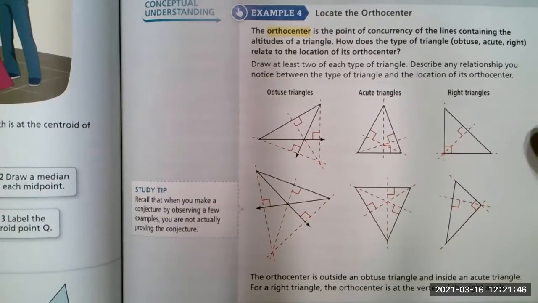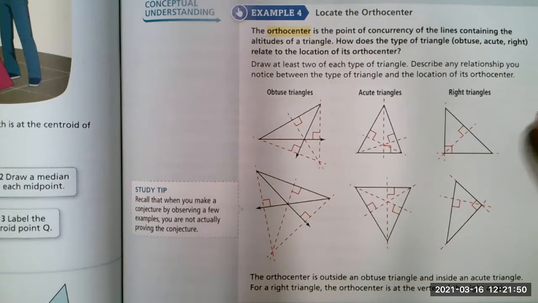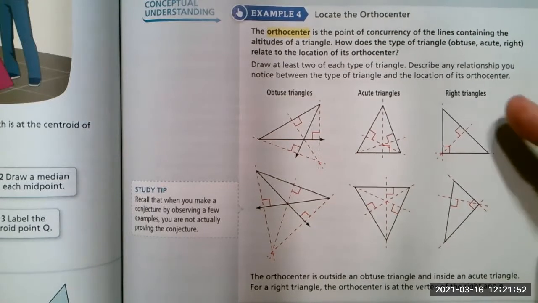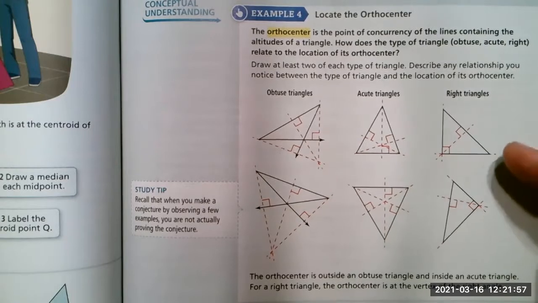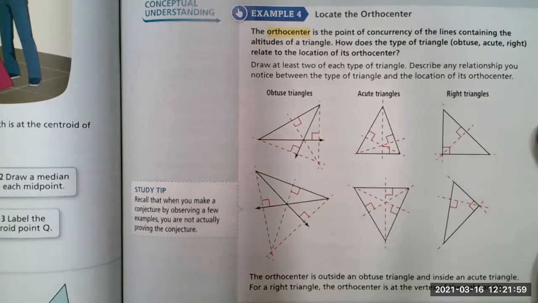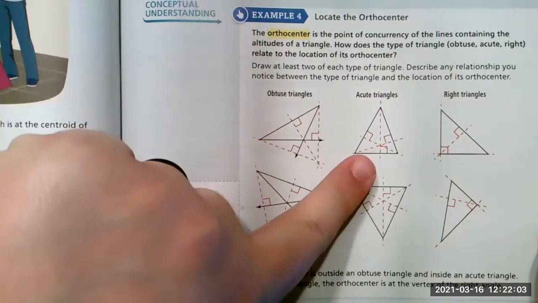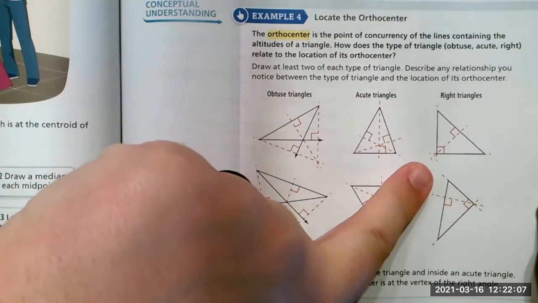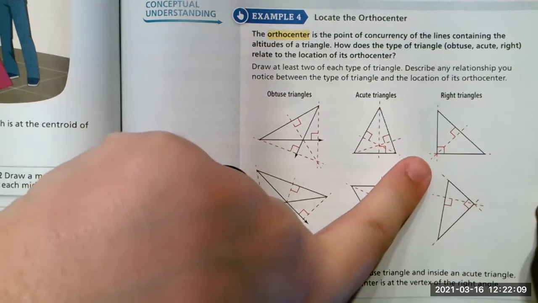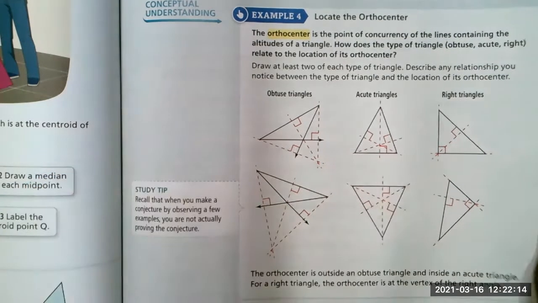So remember, obtuse basically means it's greater than 90 degrees. Acute means that they're less than 90 degrees. And then right means that one of the angles are 90 degrees, okay? So if this is the case, an obtuse triangle, the orthocenter is on the outside. An acute, the orthocenter is on the inside. And a right, the orthocenter is always going to be on that 90-degree angle, okay, if you're dealing with a right triangle.